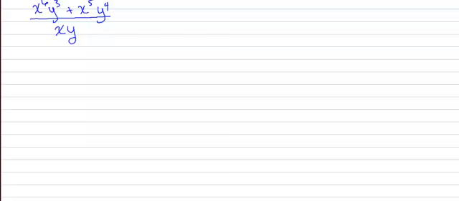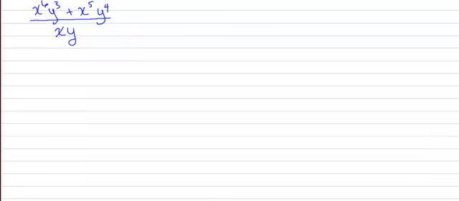Okay, so this works the same way no matter what the terms look like. So again, we're just going to break it apart. The first term in the numerator over the denominator, the second term in the numerator over the denominator, and then we simplify it out.